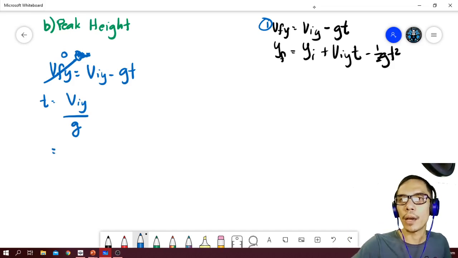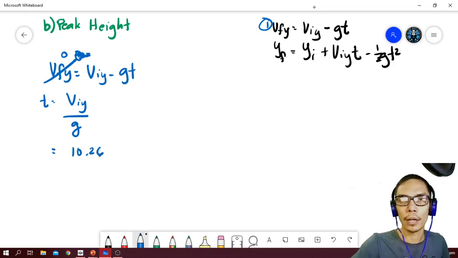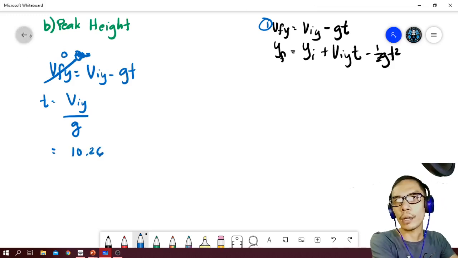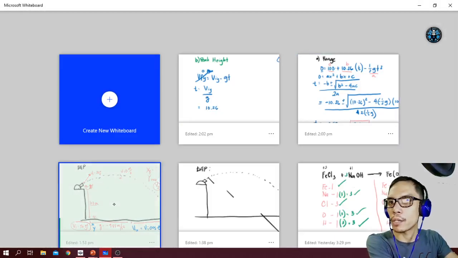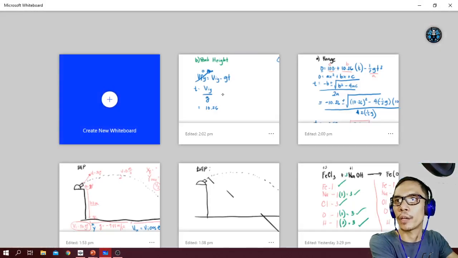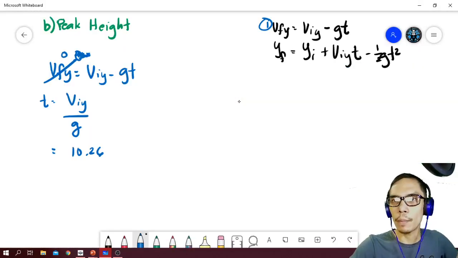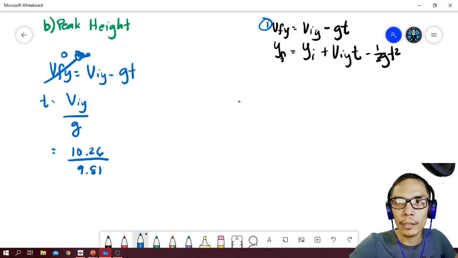Next one, VIY. What is VIY? That is 10.26. Let me have a peek at the range again. Okay, 10.26, we are on the right track. So that is 10.26 divided by 9.81.